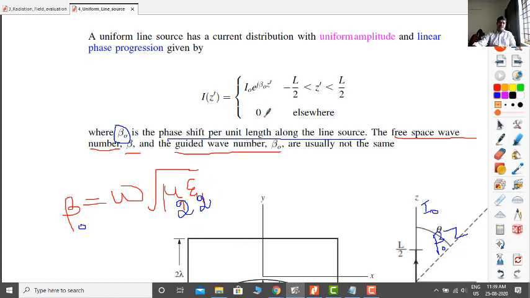So you should understand these two betas. Beta naught is the guided wave number, which purely depends on the structure of the antenna radiator, whereas beta is the free space wave number, which is merely omega root of mu epsilon. Mu and epsilon pertain to the free space parameters.